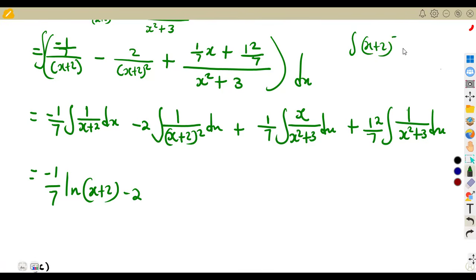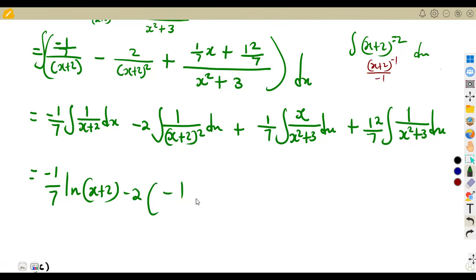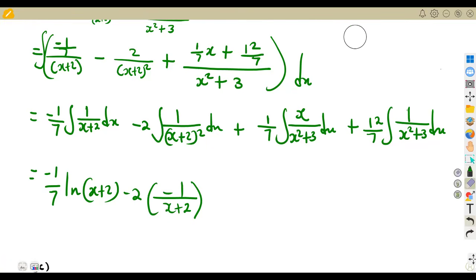We find the integral of this with the exponent. So it's going to be x plus 2 to the exponent of minus 1, over minus 1, times 1 is going to be minus 1. So this here is going to give us minus 1 over x plus 2. This one we talked about, guys. Refer to the previous question that we did. It was also familiar to this.